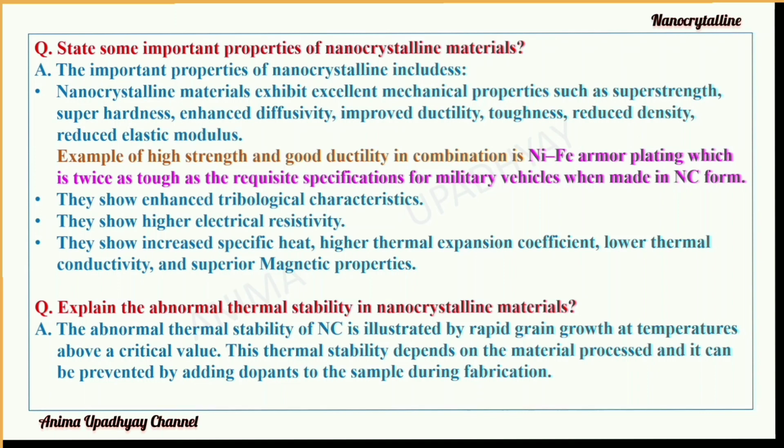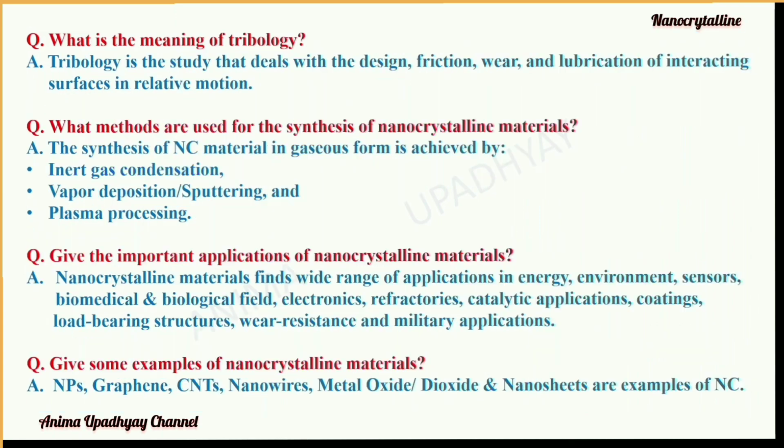Explain the abnormal thermal stability in nanocrystalline materials. The abnormal thermal stability is illustrated by rapid grain growth at temperatures above a critical value, and this thermal stability depends on the material processed, and it can be prevented by adding dopants to the sample during fabrication.